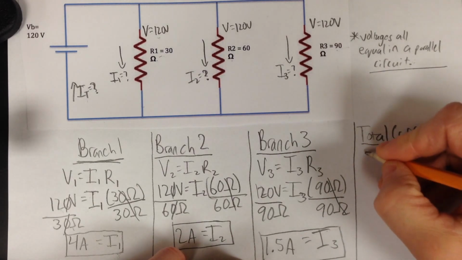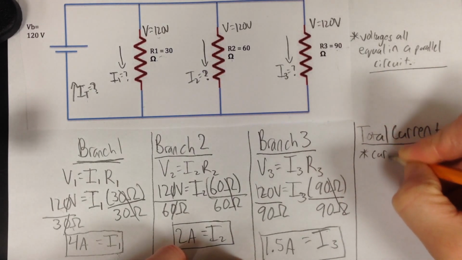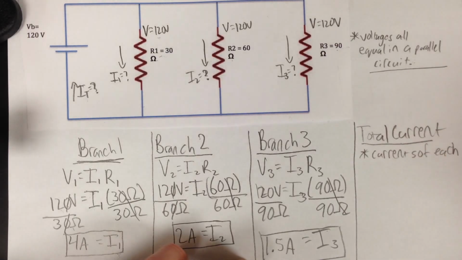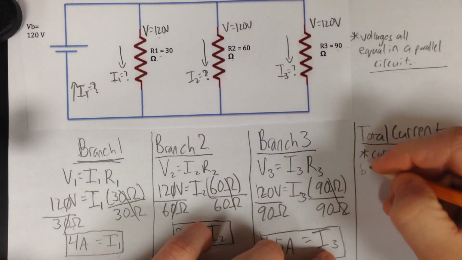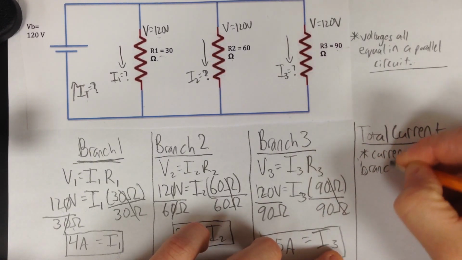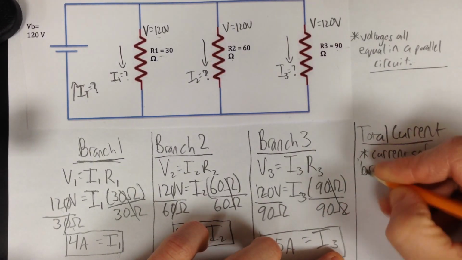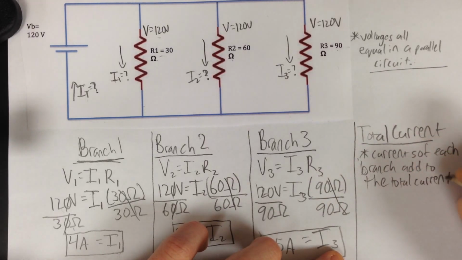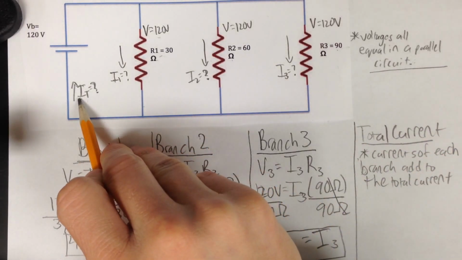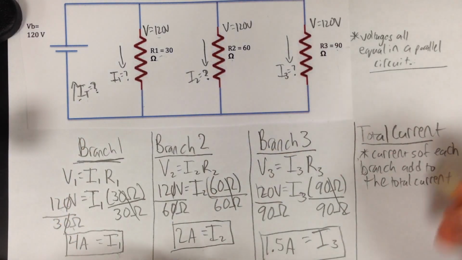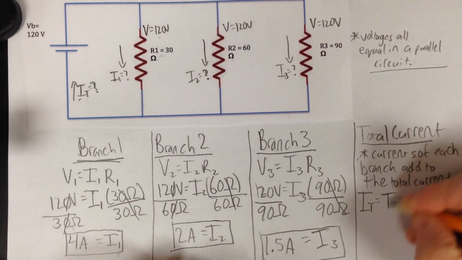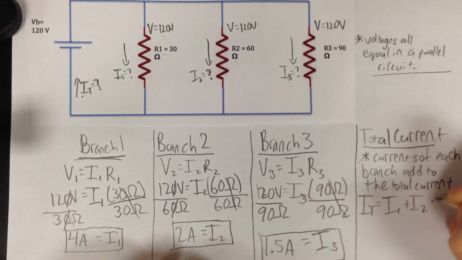In a parallel circuit, currents of each branch add to the total current. So this is where the total current is flowing through the battery. Alright, so IT, the total, equals I1 plus I2 plus I3. That's what we're going to do to figure out the total.